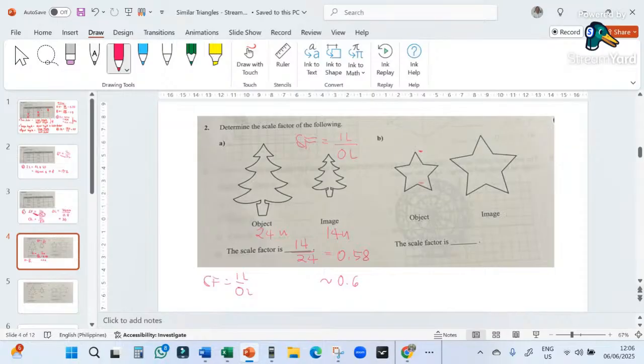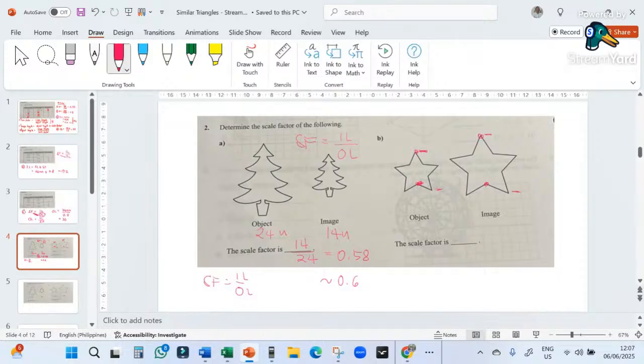If your reference is from here until there, that's okay as long as you are consistent and use the same reference for the second figure. But for me, I'm just going to measure from here until here. Those are my points, so in the next figure, or in the image, it will be those points as well.